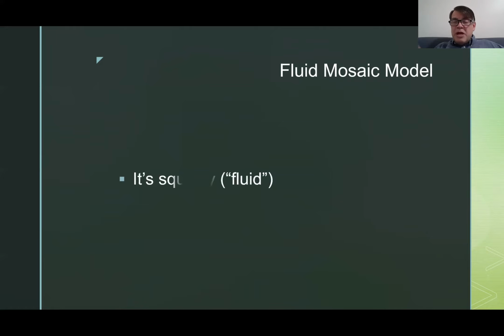So the fluid mosaic model basically says that the cell membrane is fluid. It's squishy. You're squishy. So the cell membrane is fluid, liquidy, semi-permeable, meaning it lets some things in but doesn't let other things in.